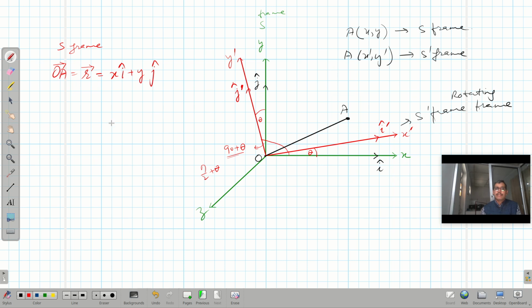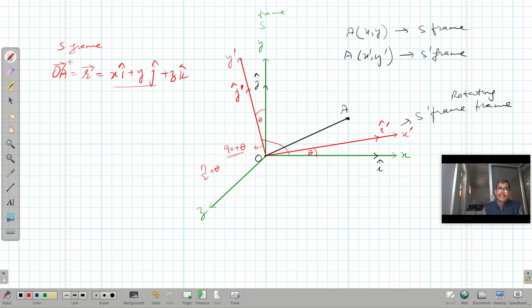Only simple vector algebra I am applying here. But when it is rotating about the z-axis, because it is moving in a plane, only the xy plane is changing, means x and y are changing, but z remains the same. So I am not considering z here, because z will remain the same.